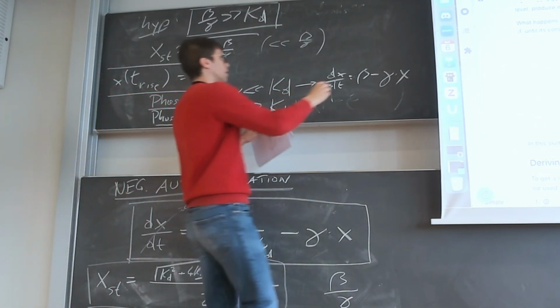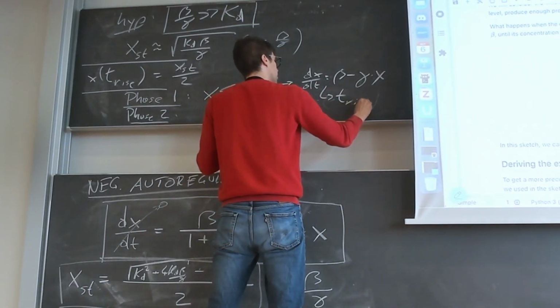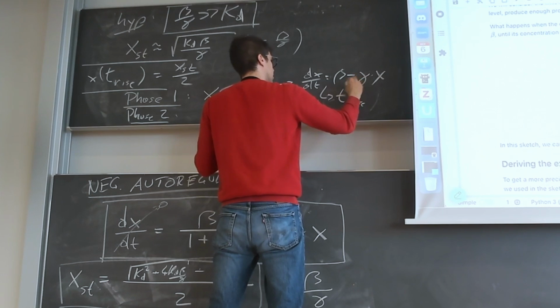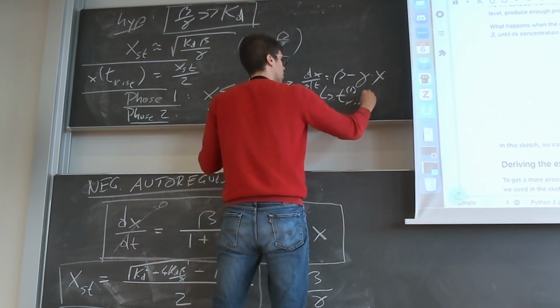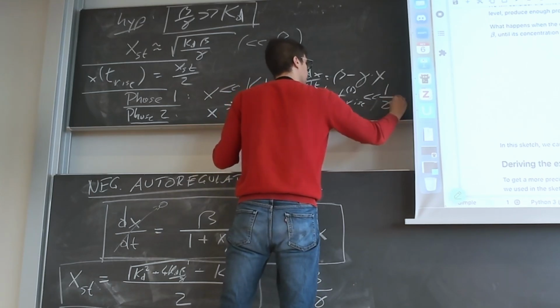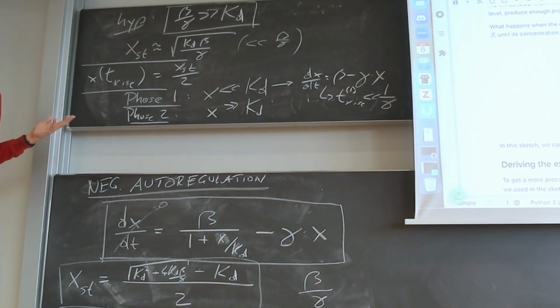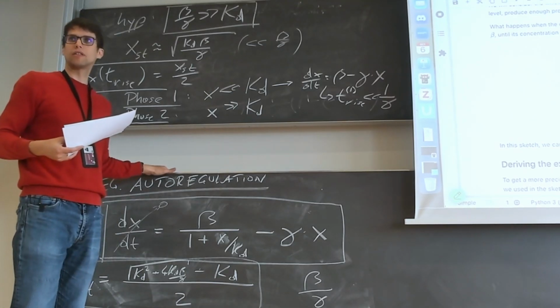So this will have a rise time until it's finished of phase 1, which turns out is much smaller than 1 over gamma. And just a reminder, 1 over gamma was our basal rise rate in the non-autoregulated system.